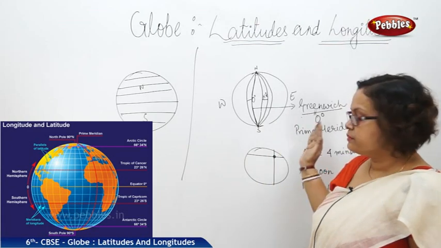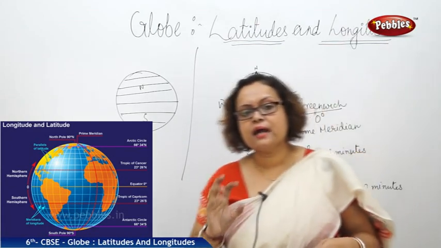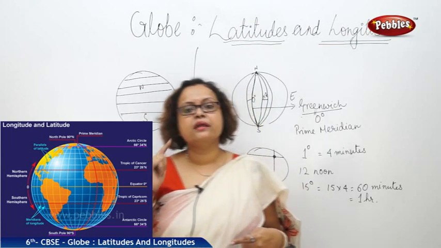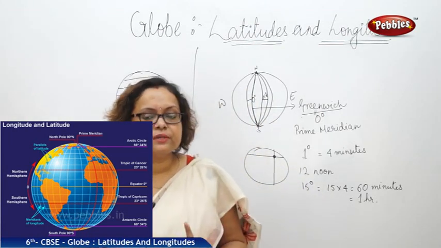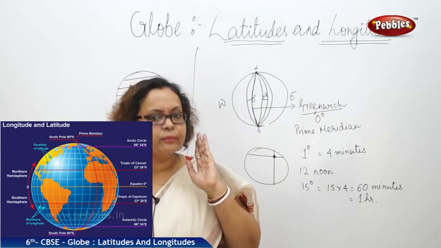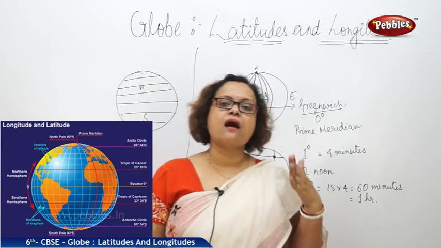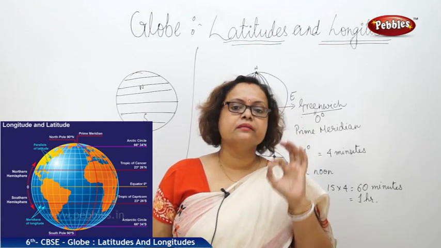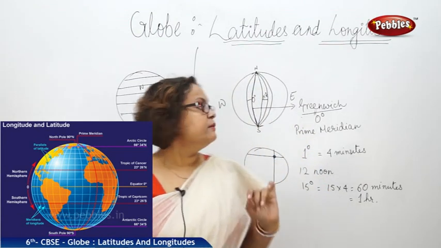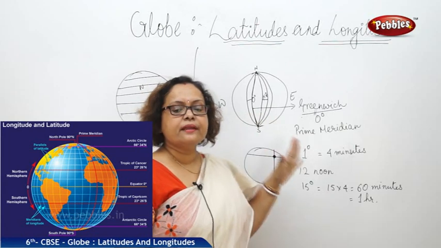India is in the eastern meridian. What is IST? IST is the standard time for India. The meridian running through Allahabad, 82.5 degrees east, is accepted as the Indian Standard Time.